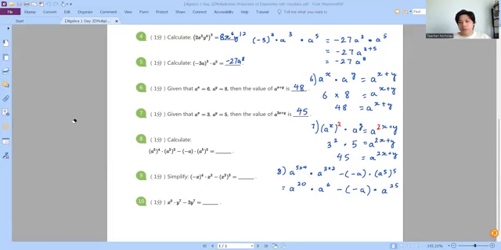Perhaps up here, I'm going to change this line a little bit, since I know that I have to apply the power of a power rule. So it's 5 times 5. Okay, what's next? I have some multiplications and a subtraction to work on. I'm going to work on the leftmost multiplication first. So here, it's a to the power of 20 times a to the power of 6. Well, that's going to give us a to the power of 20 plus 6, isn't it?